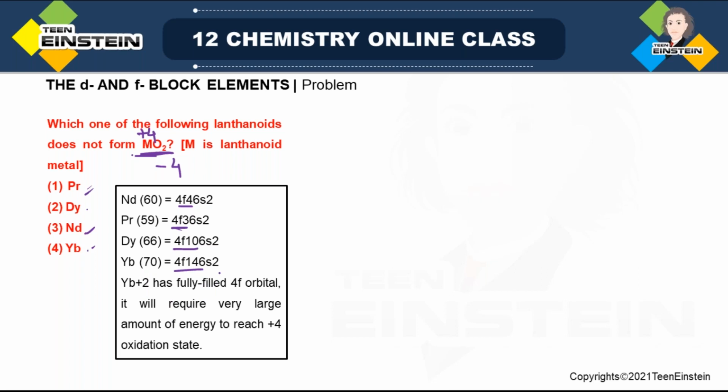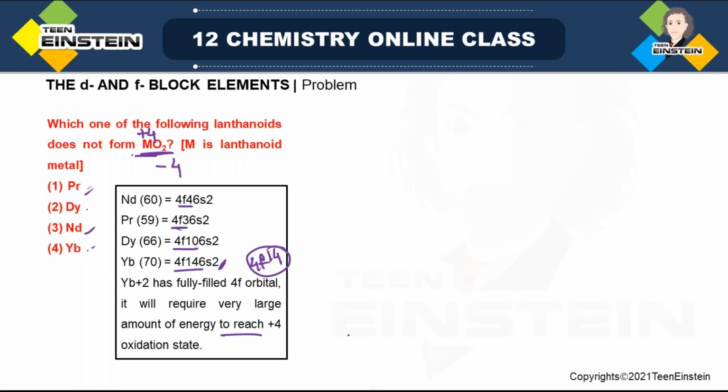Now Yb2+, that is if you remove these 2 electrons, it will have a fully filled stable configuration of 4f. But further, if you want to remove 2 more electrons, you have to break the 4f14, which is really difficult, and it will require a very large amount of energy to reach that oxidation state.